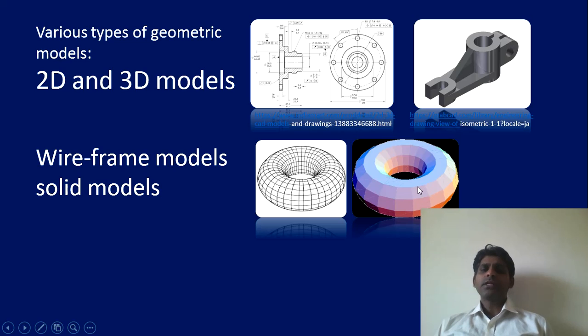Many times the solid model gives us a complete understanding of the appearance of a particular object, and it is in this mode wherein we can see, after application of a texture or a particular color, how a particular model is going to look or appear.